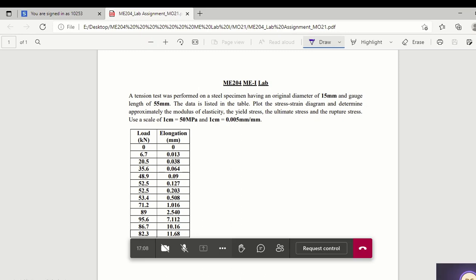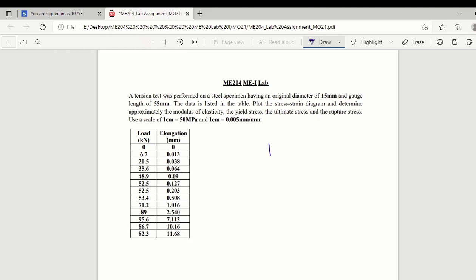Have you graph paper? Yes, sir. On graph paper there are 10 divisions, suppose 8 units, and it continues like that.